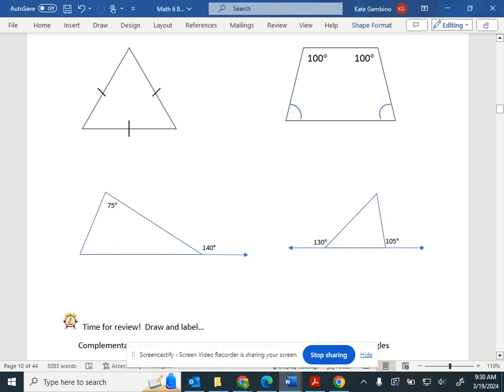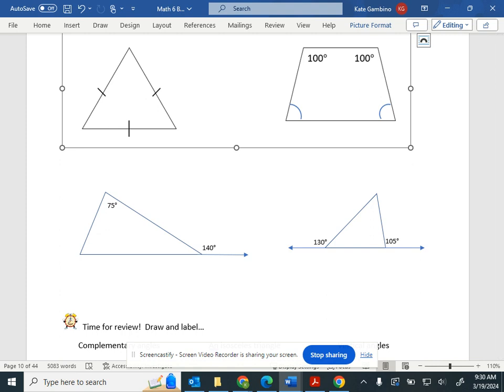If these two are congruent, they are going to be the same. Okay, so figure out what's missing. You take that 180, you take that 360, subtract out what you know, and look to see what you have to do with how many are left.